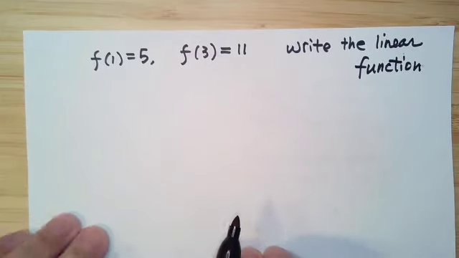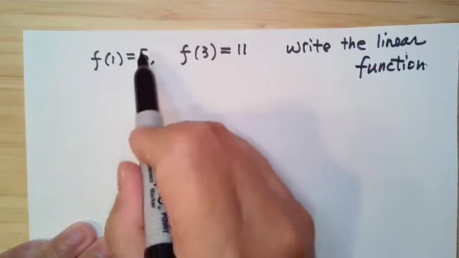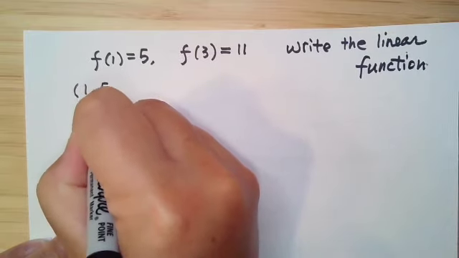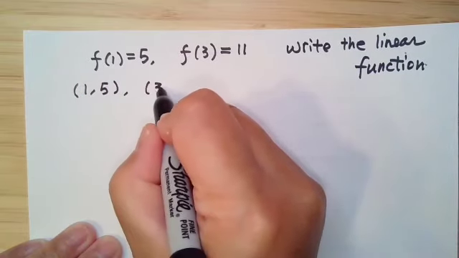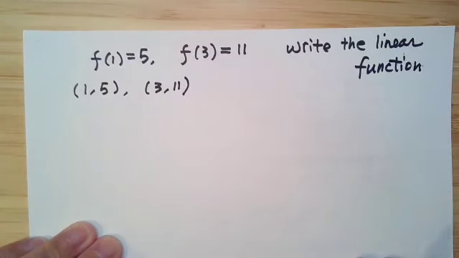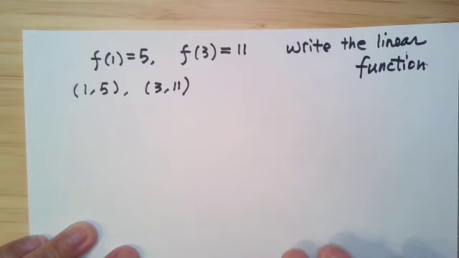Well, remember I told you that f of x equals y, so this is equivalent to the points (1, 5) and (3, 11). Okay, so that's 2 points. You can think of this as: given 2 points, you can find the equation.